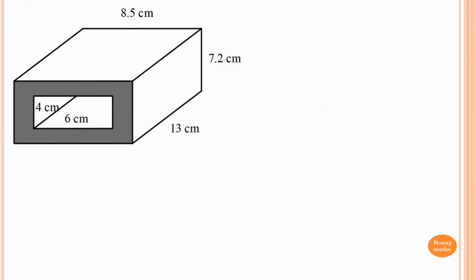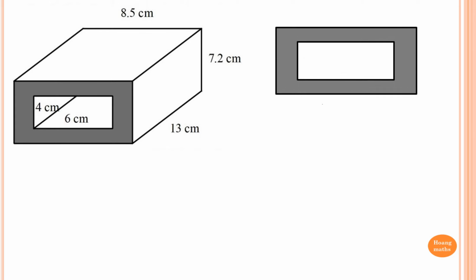To find the volume of this, first of all, we find the area of the shaded one first. We know that the outer length of the rectangle is 8.5 centimeters, and the width is 7.2 centimeters, and the inner length is 6 centimeters, and the width is 4 centimeters.